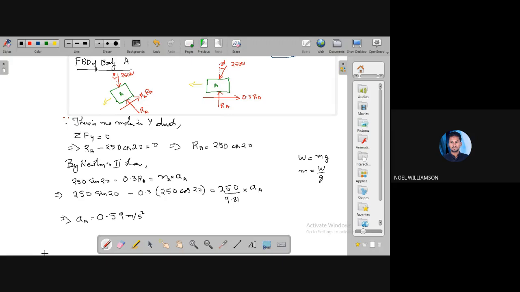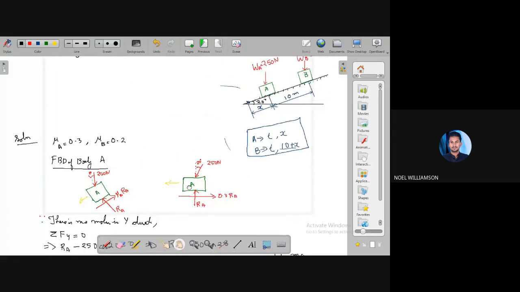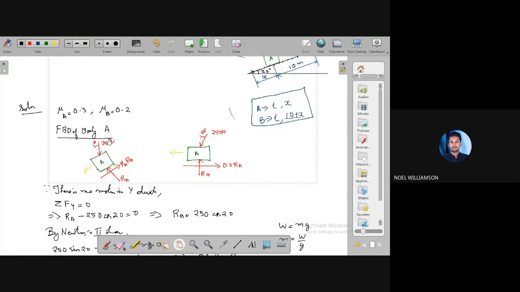In the similar manner, you just find the acceleration for B, same case. Consider the free body diagram of body B, and you will get a free body like this. I just tilt it. Only difference is the weight and mu value are changing. The normal reaction is RB, and the friction will be 0.2 RB.